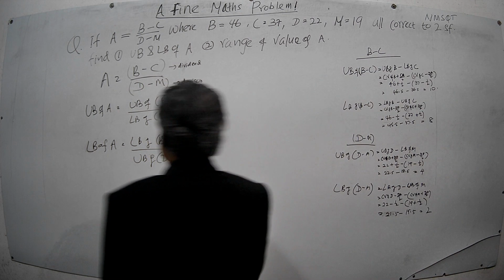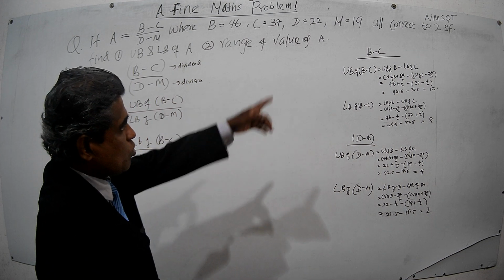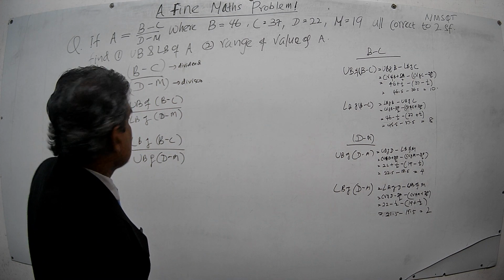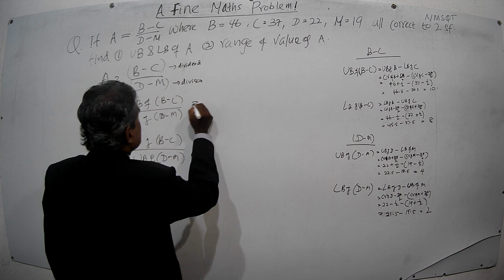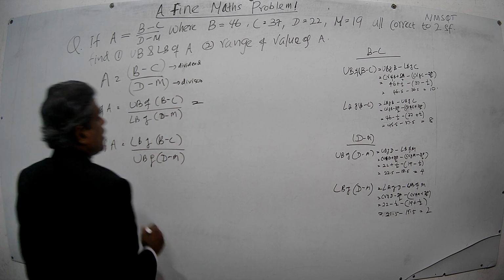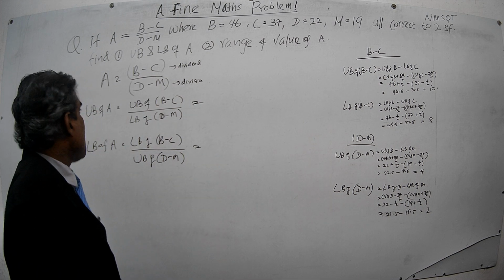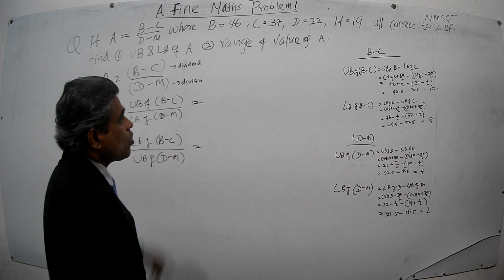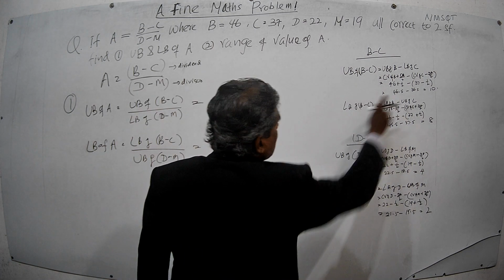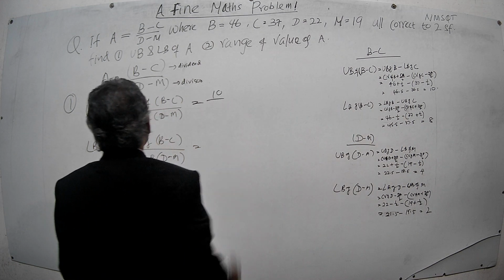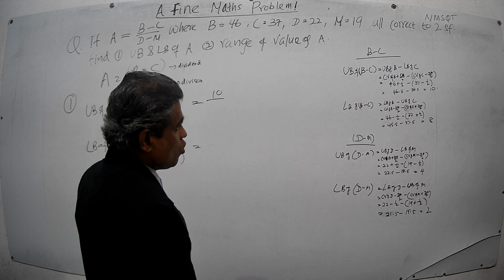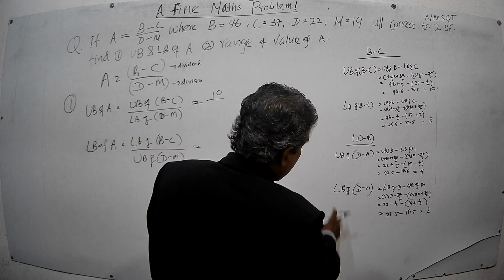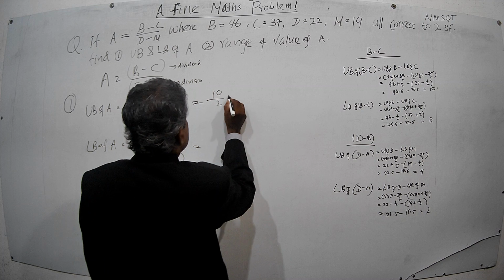Now we substitute. We have all the essential information to substitute into this. This is the first part of the answer. The upper bound of A equals the upper bound of B minus C on this 10, divided by the lower bound of D minus M. The lower bound of D minus M is 2. Divided, it equals 5.